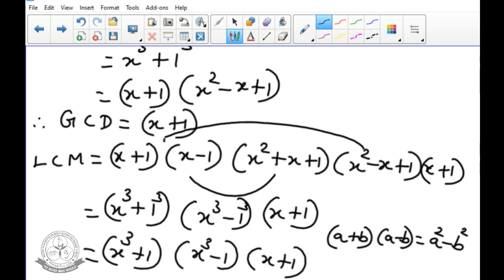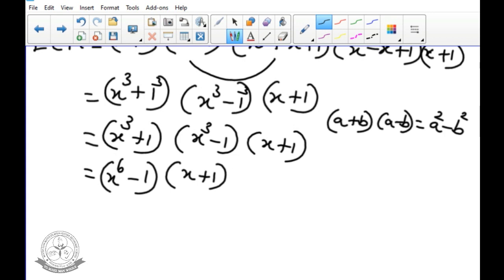So we can write the first two terms. a square means x cube power 2, so we get x power 6, minus b square means 1 square, that is equal to 1. So x power 6 minus 1 into x plus 1. This is the LCM.